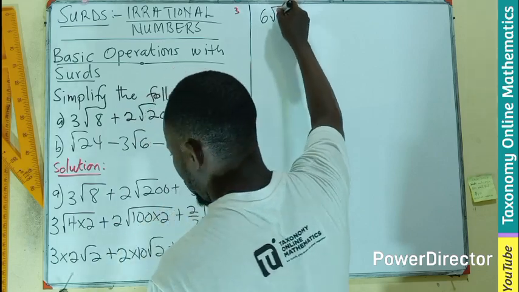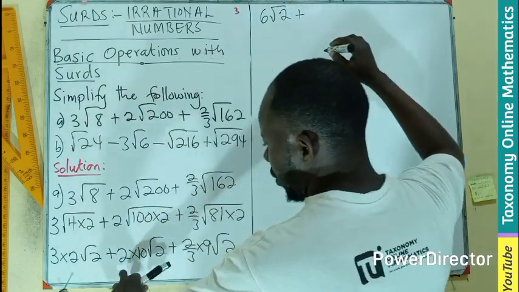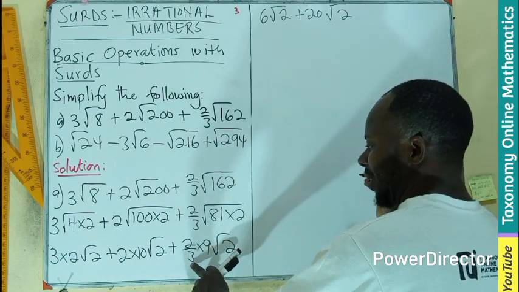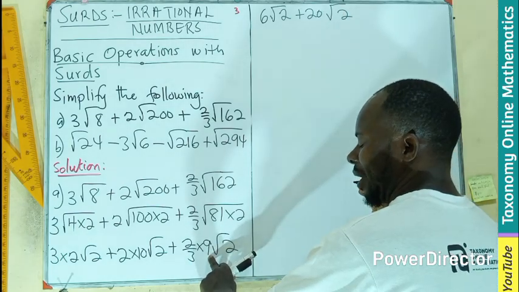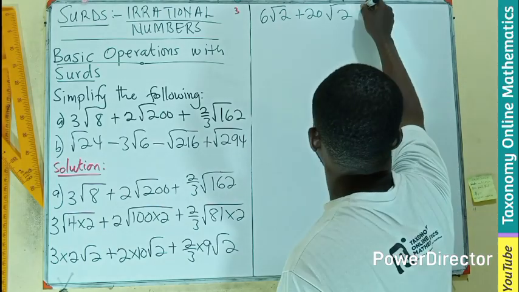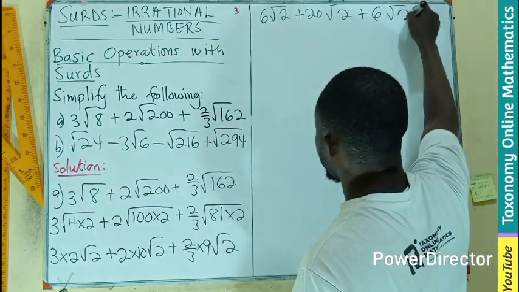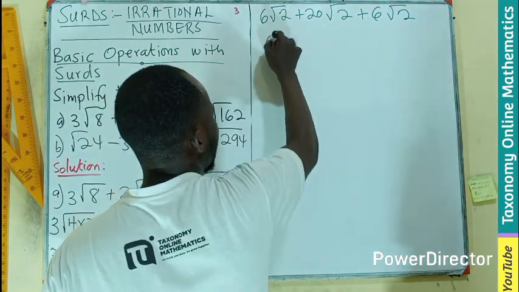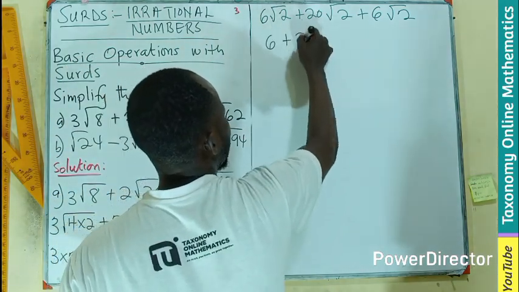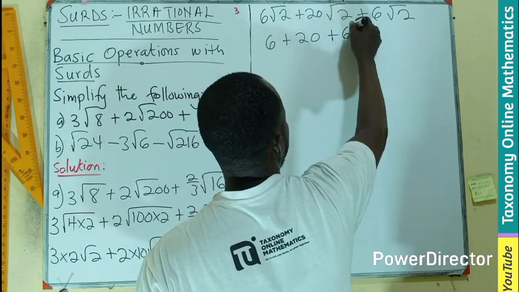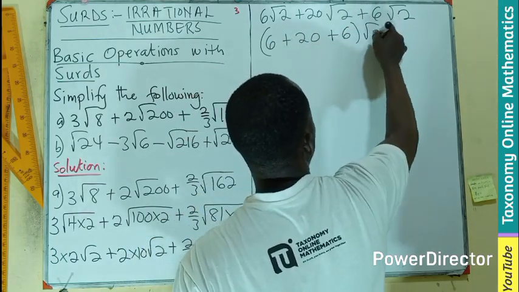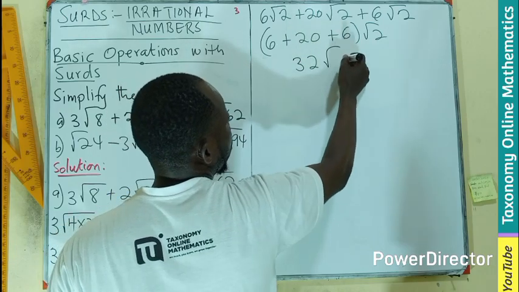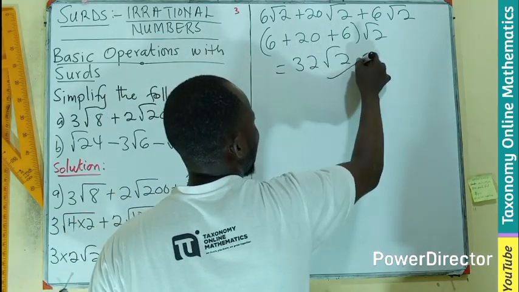So 6 root 2, 2 times 10, 20 root 2. Remember, 3 can divide 9. That will be 3 times 2 thirds, 6. So 6, the root of 2. So these are similar surds. All have root 2 in there. So I only pick 6 outside, 20 outside, 6 outside, with root 2 as I factorize it. So this is 12, so 32 root 2 is your final answer.